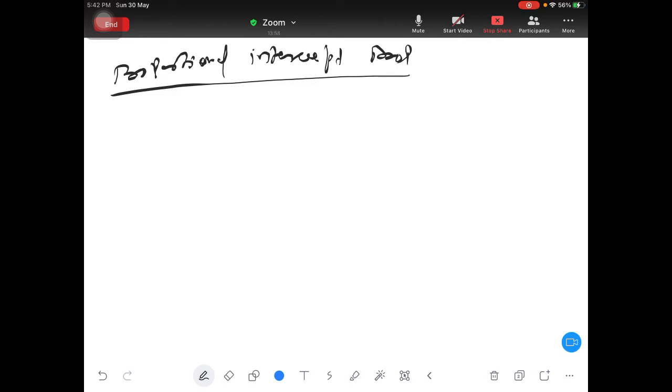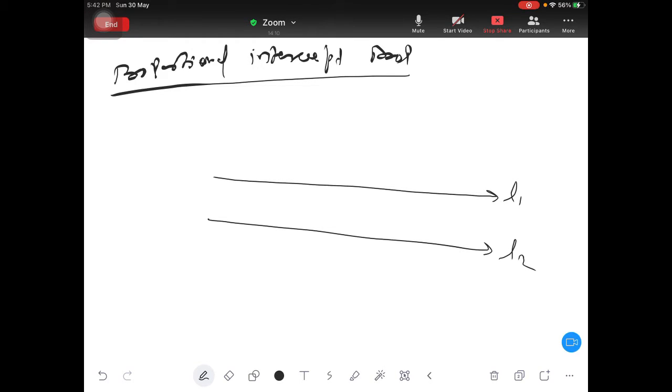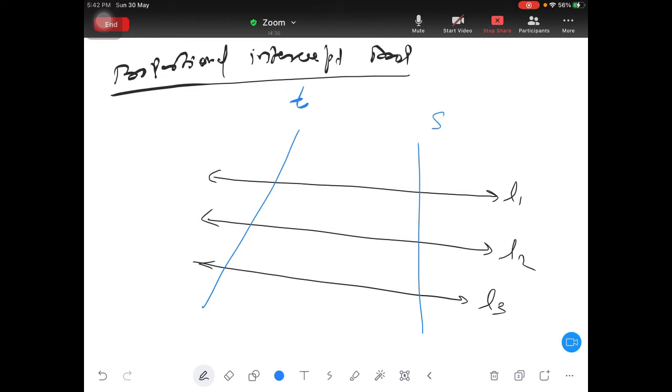The intercepts made by three or more parallel lines on any two transversals are proportional. What does it mean? If you have line L1, line L2 and line L3, and I am using one transversal as T and another transversal as S, they are also lines.